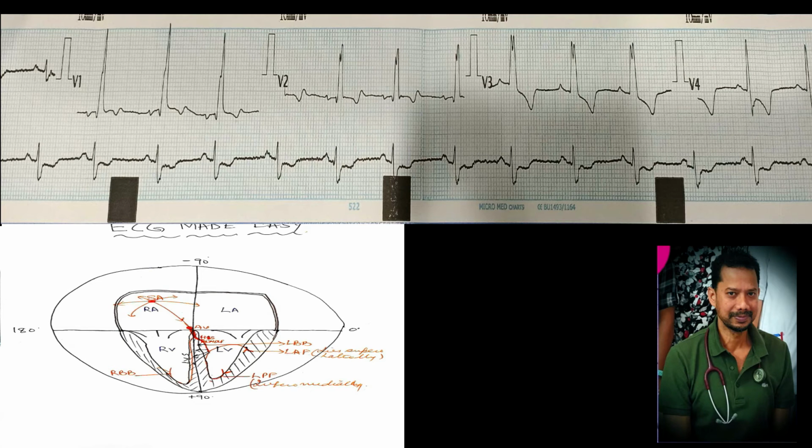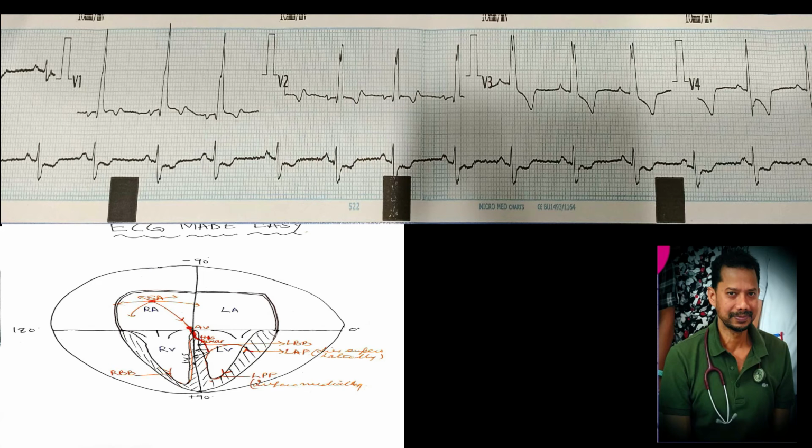So when the impulse is coming from left to right, it is coming towards V1, so it is perceived as a small positive deflection which becomes the R wave. At that time the leads over the left ventricle, the lateral leads V5, V6, lead 1, AVL, will form a small Q wave which is a normal Q wave. It's not that whenever there is a Q wave it is because of MI.